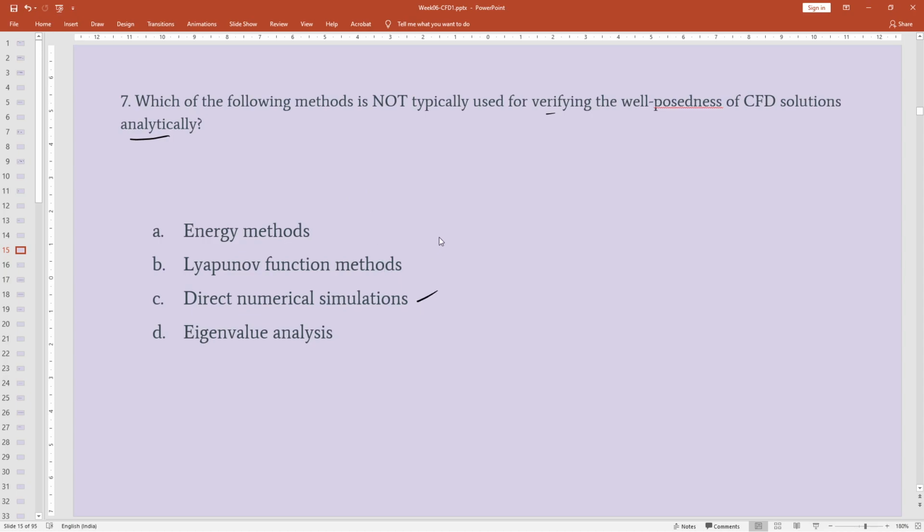Direct numerical simulation. If you simplify the question, which is not an analytical method to verify the well posedness of CFD solutions? Energy method, Lyapunov function method, eigenvalue method, all three are analytical methods. So the only one which is not an analytical method is direct numerical simulation. So our answer is option C.